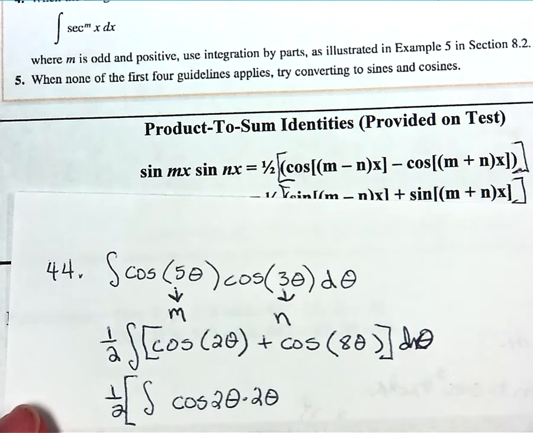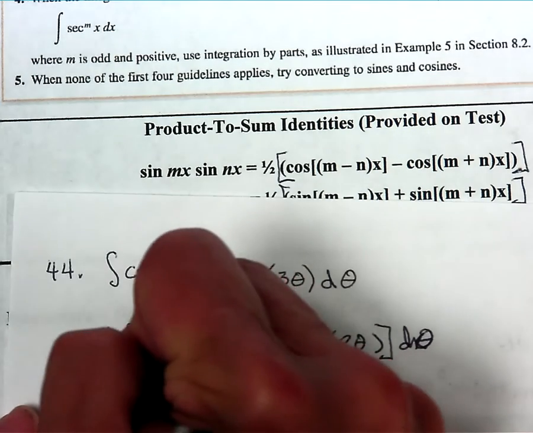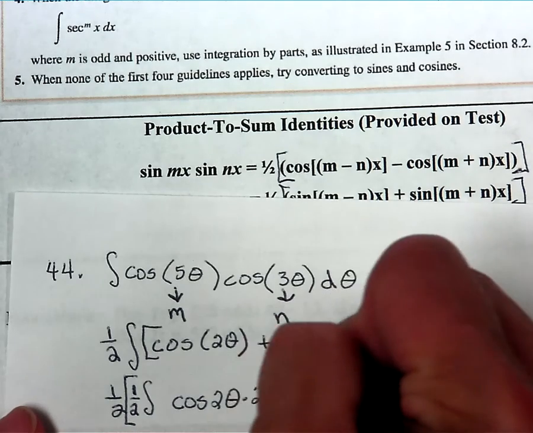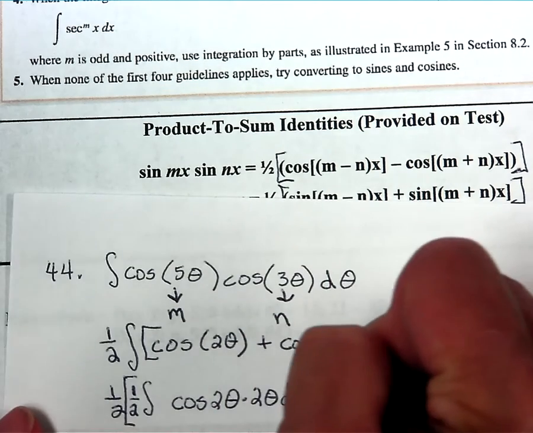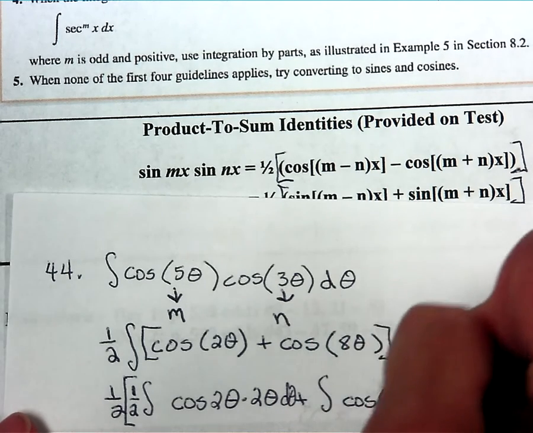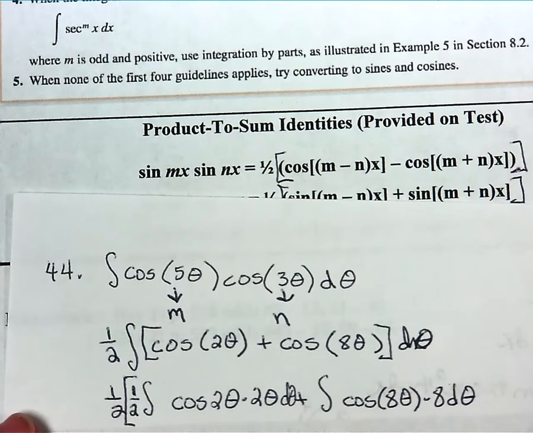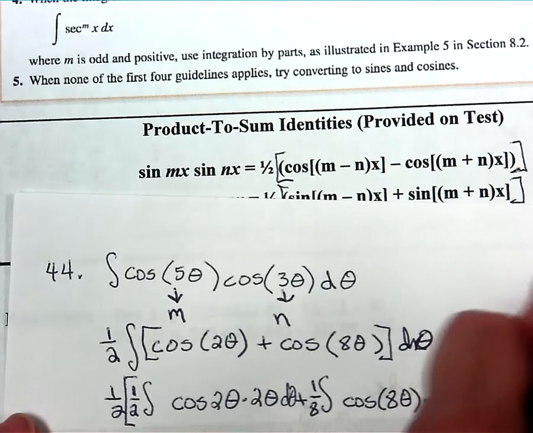And if I need a 2 d theta, then I need to put a 1/2 in front of the integral. And to integrate cosine 8 theta, I would have to have an 8 d theta beside it. So I need a 1/8 in front of that integral to make it equivalent to the line above it.